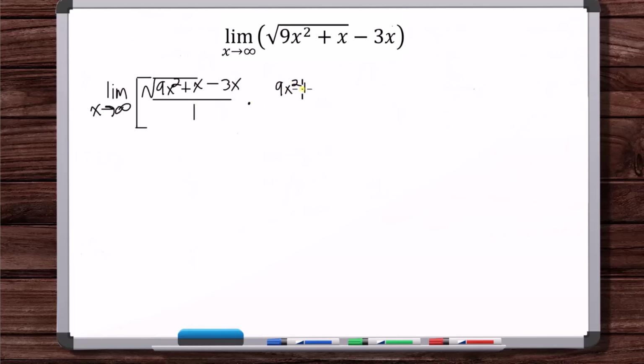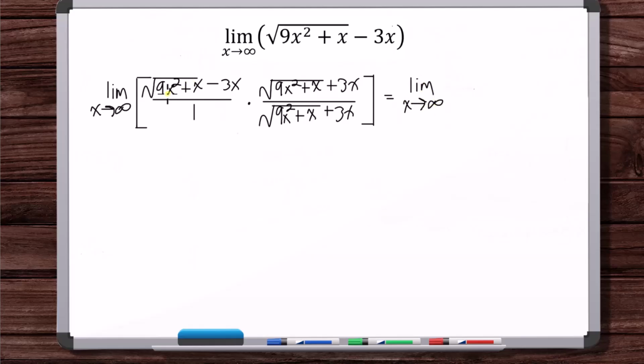So then plus 3x. Okay, what we're left with is, so you get 9x squared plus x, and then minus 9x squared in the numerator.